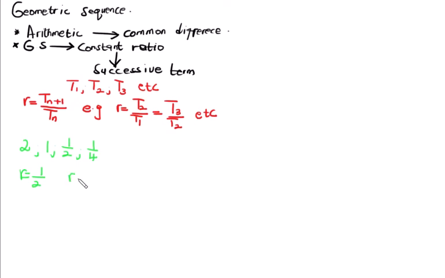R is equal to 1/2 divided by 1, which will also give 1/2. And the next one will be 1/4 divided by 1/2, which will also give a half. Therefore we're able to conclude that we have a geometric sequence. This is the process that you follow to prove that a sequence is geometric.